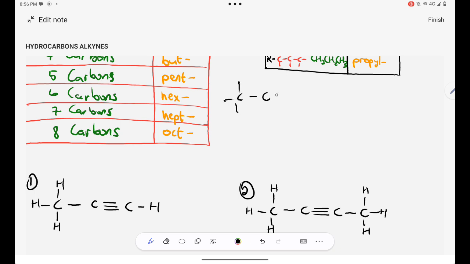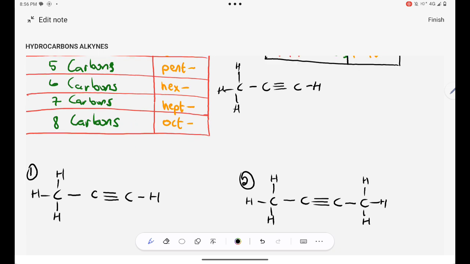CH3, then I'll have a C, and then a CH over there. For the condensed structure, guys, you just write what you see. You have CH3, and then you have a C as well as a CH. This will be the condensed structure for this compound.